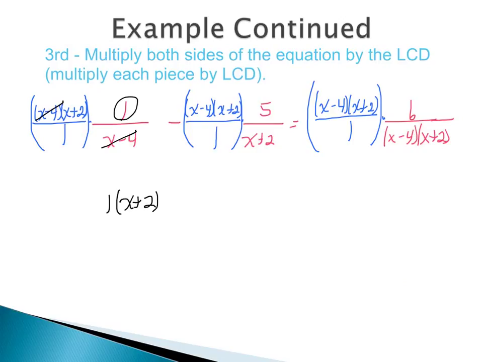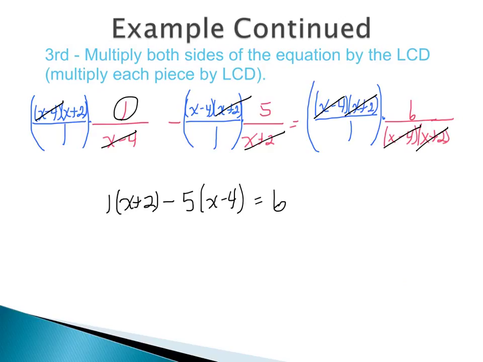Our x plus 2 would end up canceling out. So we're just left with minus the 5 from the numerator times x minus 4. And then on our other side, our x minus 4 and our x minus 4 would cancel out, and then our x plus 2 and our x plus 2 would cancel out. So we're actually just left with 6. So our result is a linear equation that we can actually now solve.